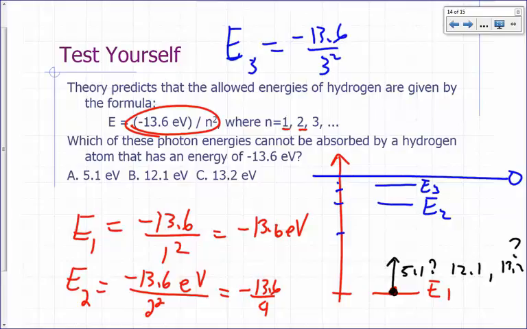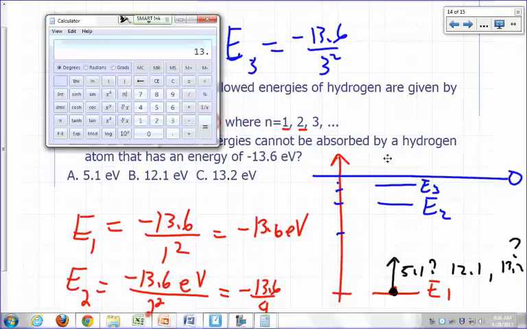You have to figure out what E2 and E3 are. So if you have 5.1, what would it be? Looks like I just gave you the answer. Negative 13.6 plus 5.1, what would it take it to?